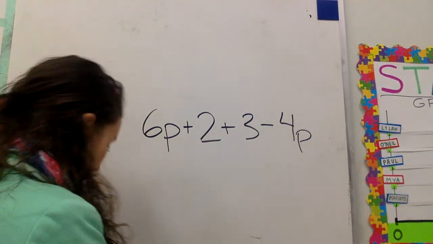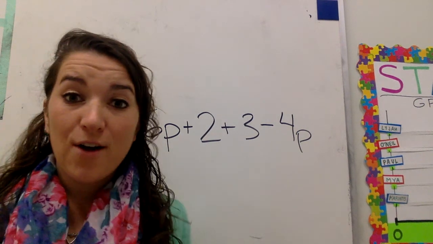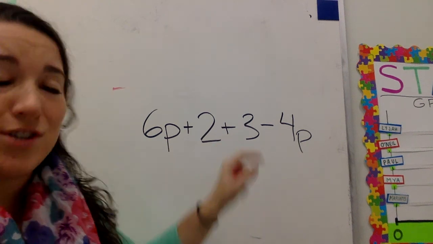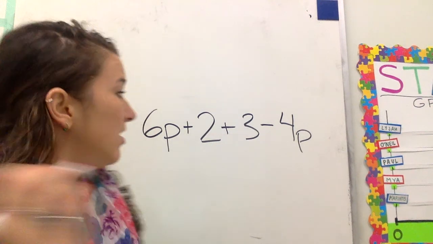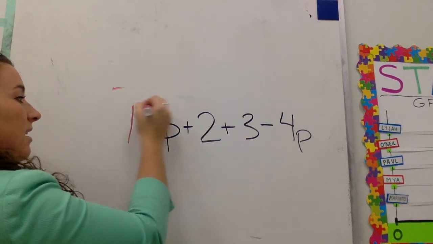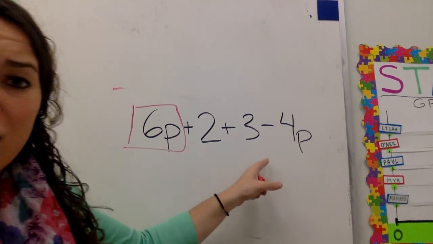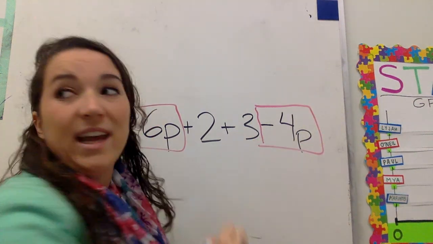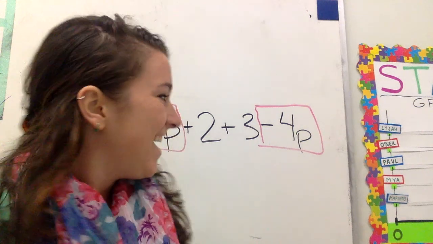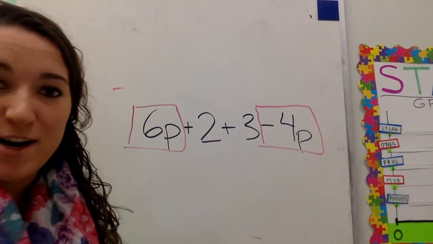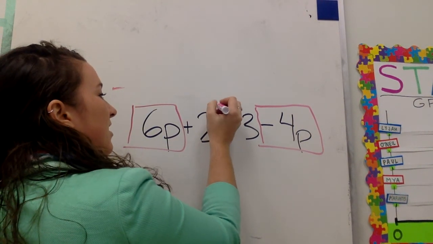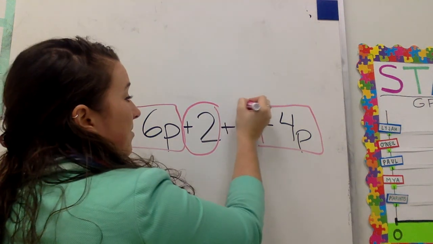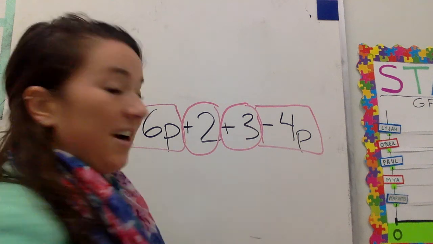So I'm going to go through again, put a square around the terms that have the variable p and put a circle around the terms that don't have any variable at all. So I see 6p and then all the way down here I see minus 4p, but again, I'm going to put a box around the whole thing, including the minus sign. And then I have two numbers without variables that I'm going to circle, again including the sign. So I have plus 2 here and plus 3 right here.